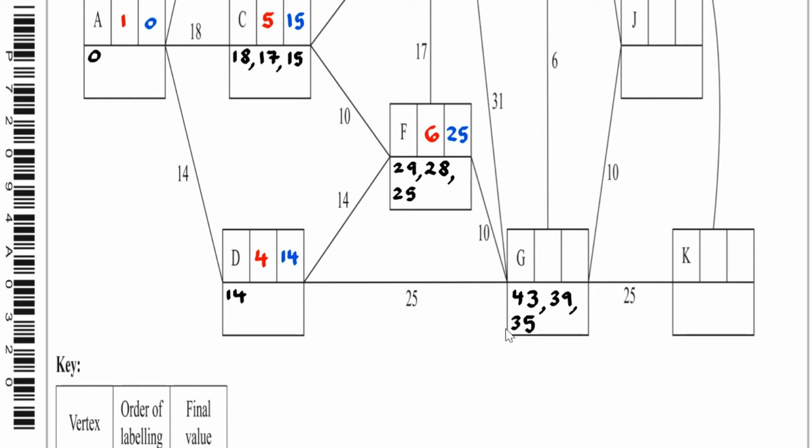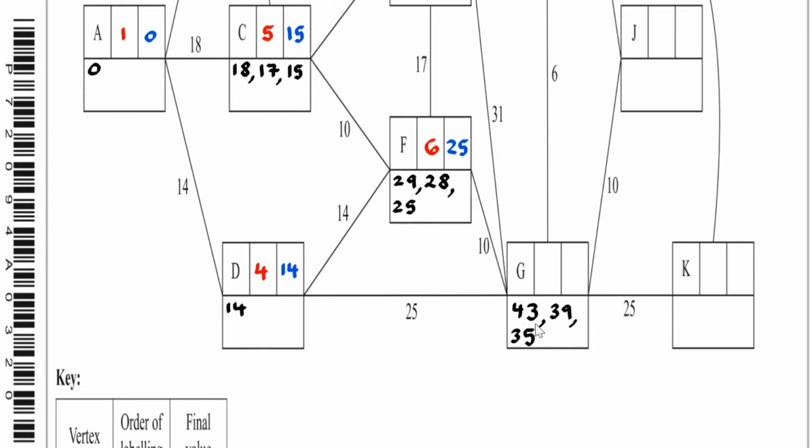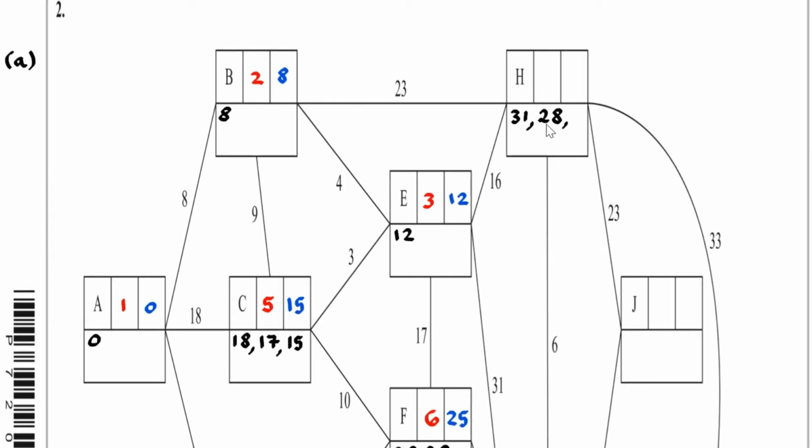So now the smallest from 35 and the 28 is the 28. So 28 will be our final value, and the order of labeling will be 7.